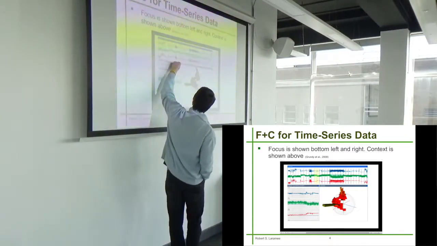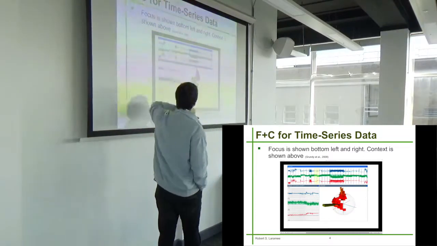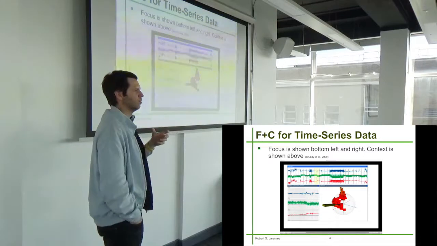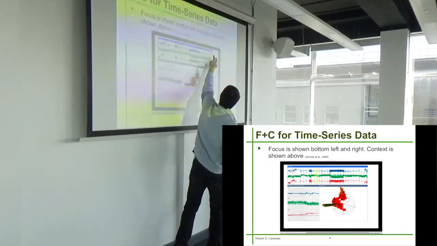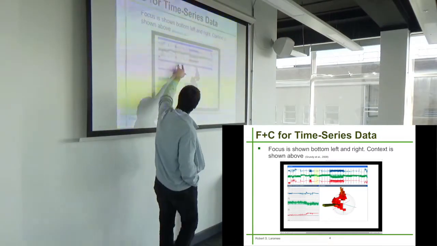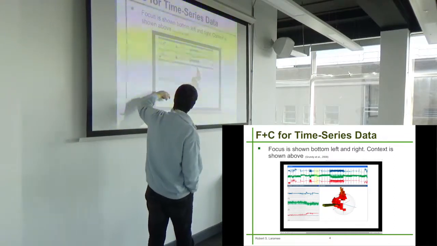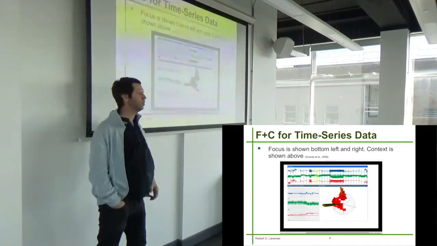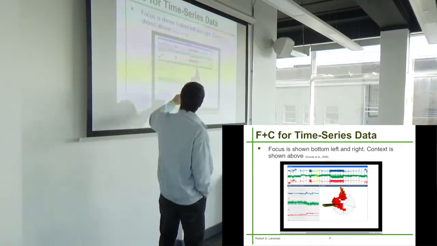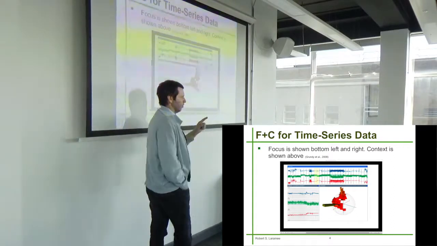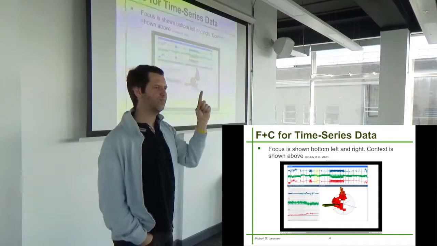What's happened here is the user has selected a special time that they think is important. This whole thing serves as the context. This special time period is then given its own window, like a zoomed in view. So that's the focus. This is actually accelerometer data, so it has a direction, and it points in different directions.